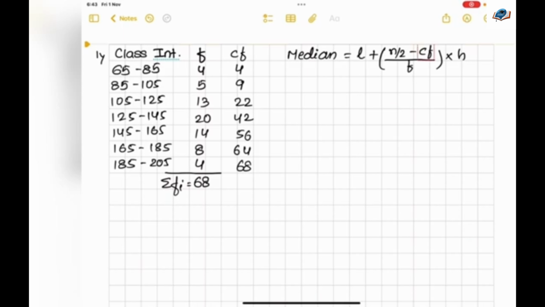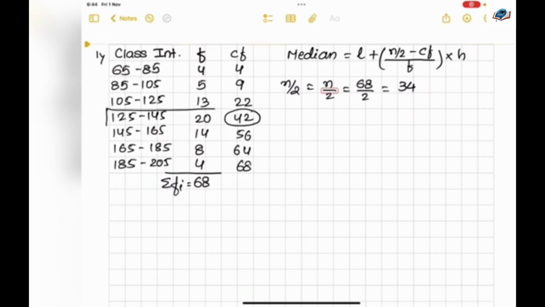Now I have to find first n by 2. So n is 68. So 68 upon 2 means 34. So 34th observation will be coming in this range.